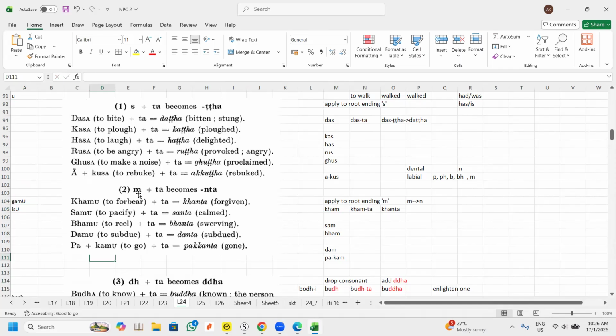Straight away, this M plus TA, that means you have to remember S plus TA, M plus TA, it becomes NTA. You know why it becomes N? Because if you take the consonant, this is a dental M, and then this is also a dental T. Two dentals together are much more difficult to pronounce, so it changes to N. So this part is a lot easier to pronounce.